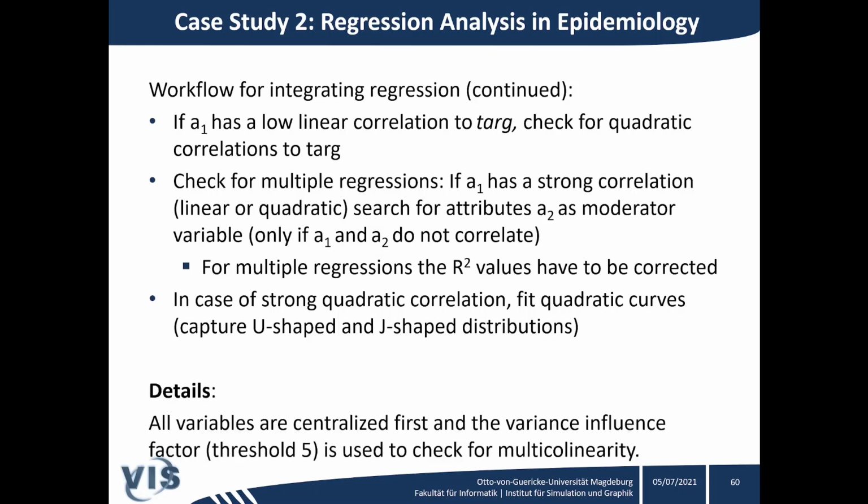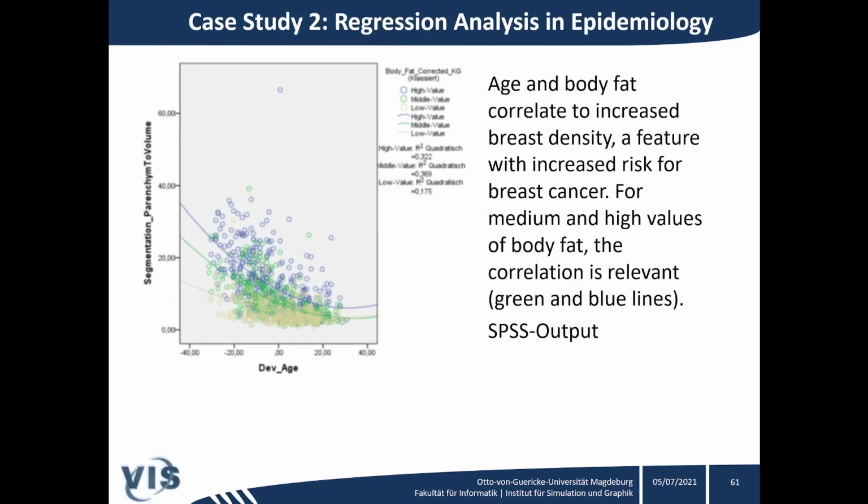And keep in mind that all variables are centralized first, and the variance inflation factor with a threshold of 5 is used to check for multicollinearity. Here you can see an example where age and body fat correlate to increased breast tissue density, so a feature with increased risk for breast cancer.